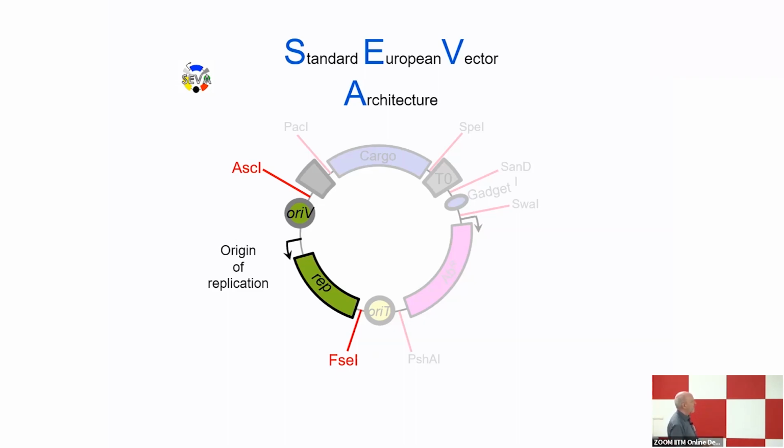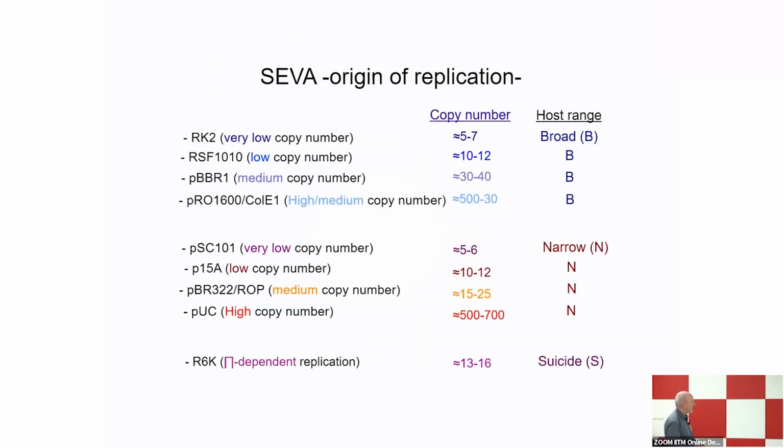In the last few years, more and more chassis have been proposed as good for synthetic biology purposes. Therefore, in the collections we have incorporated a number of origins of replication that enable the propagation of these plasmids not only in E. coli, but also in a wide variety of bacteria, both gram-positives and gram-negatives.